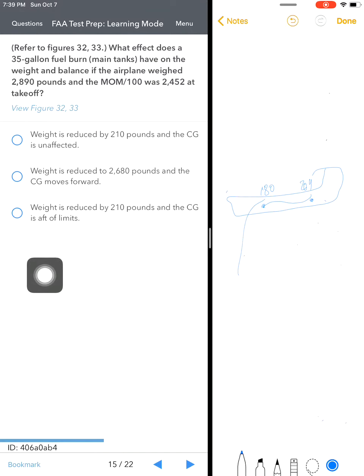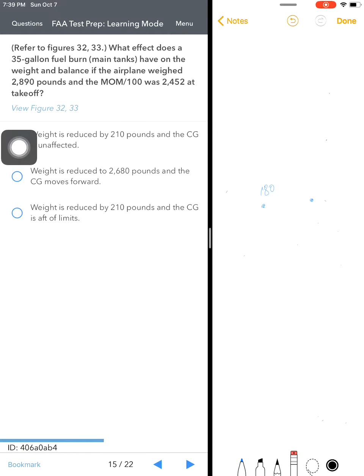Here's the thing. This question is very simple. 35 gallons multiplied by 6 is going to be 210 pounds. 2890 minus 210 pounds would be 2680.